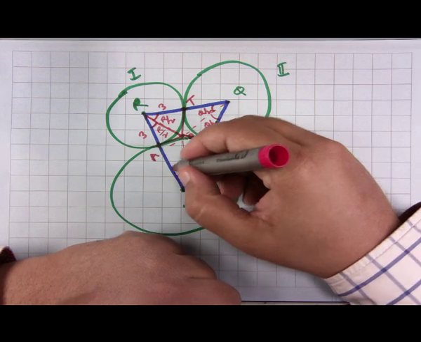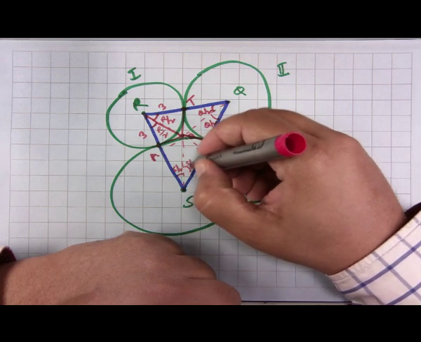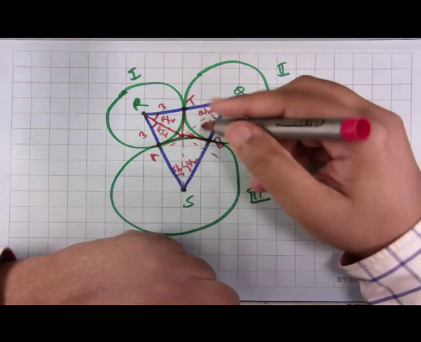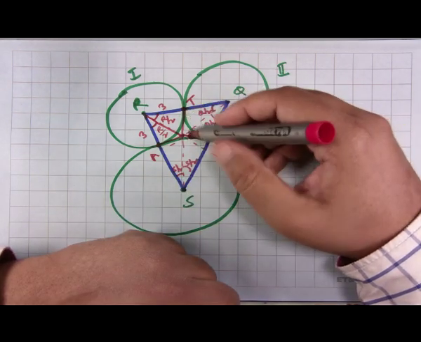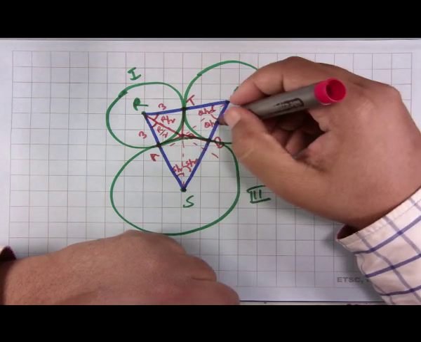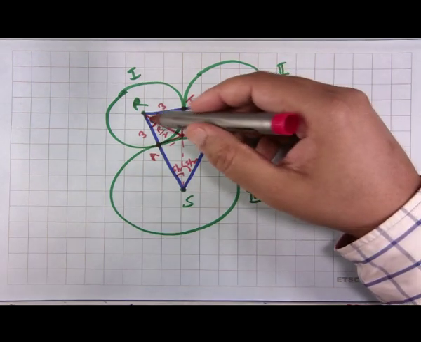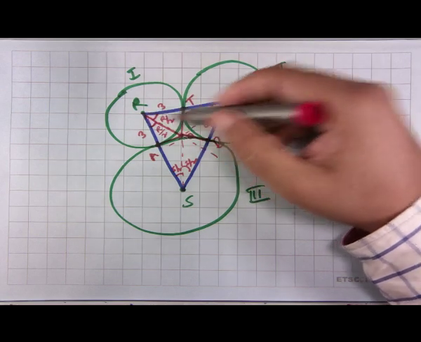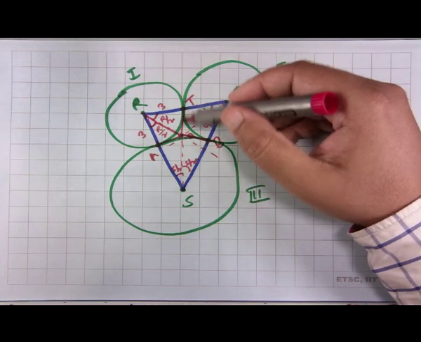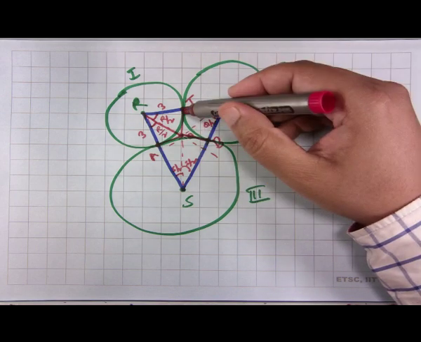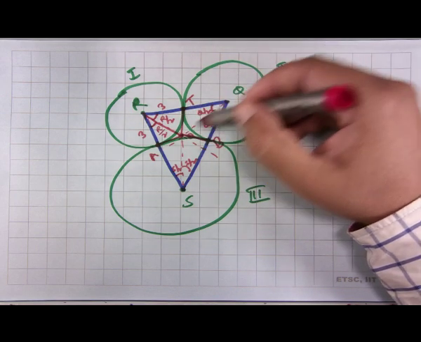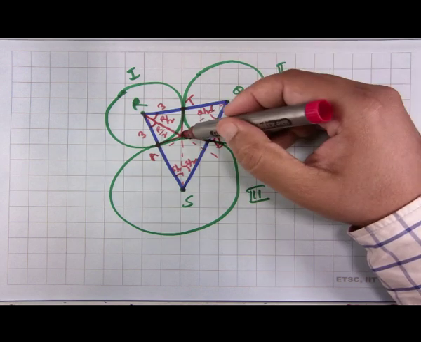Similarly, this angle is S by 2, and this is also S by 2. Just as we showed that these two triangles are congruent, we can also show that this triangle and this triangle are congruent.